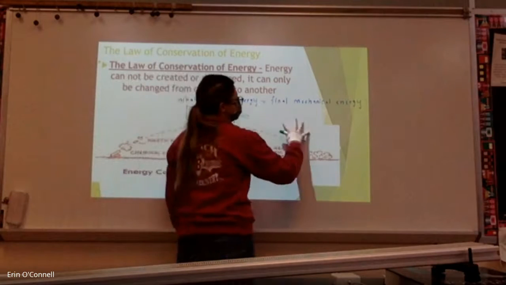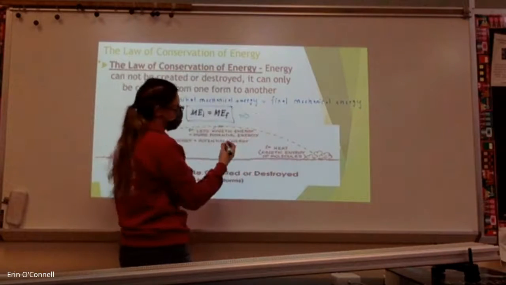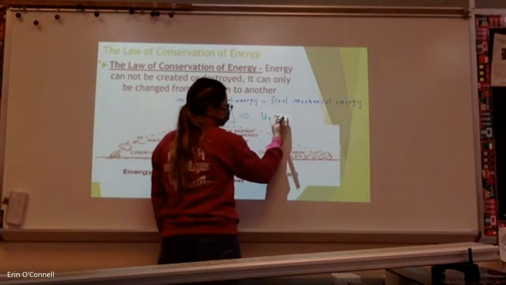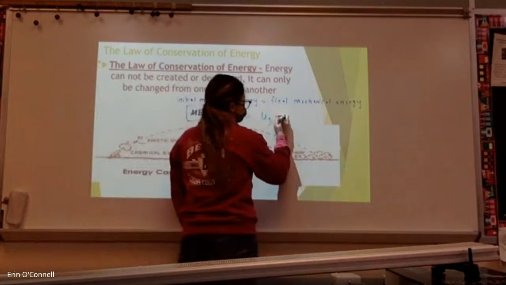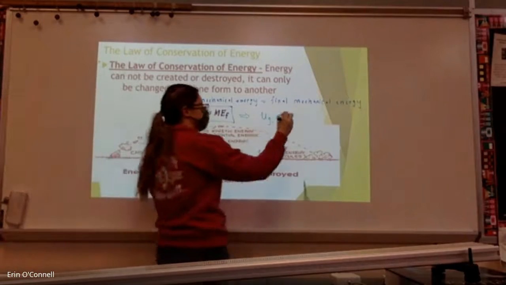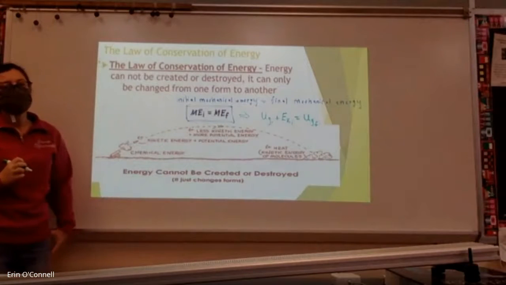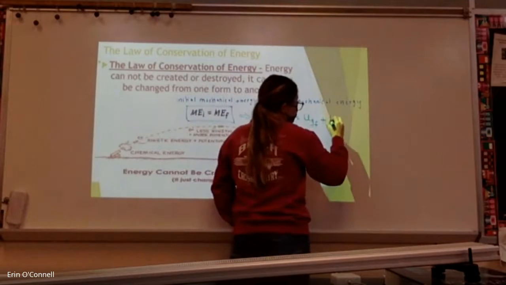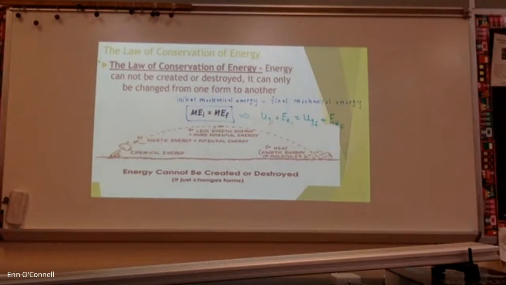So our equation, if we were to expand it to its most complicated form, we have U sub G initial, so our gravitational potential energy initial, plus our kinetic energy initial would be equal to our gravitational potential energy final plus our kinetic energy final. And then we would have to plug in more specifically for what those terms mean.